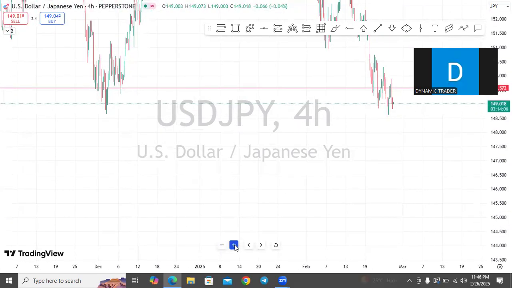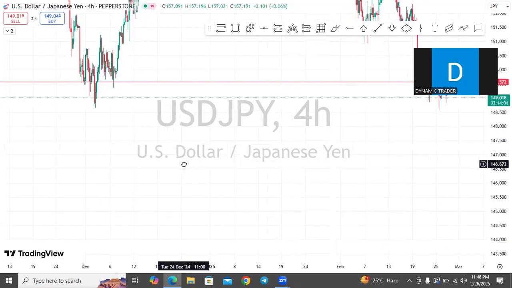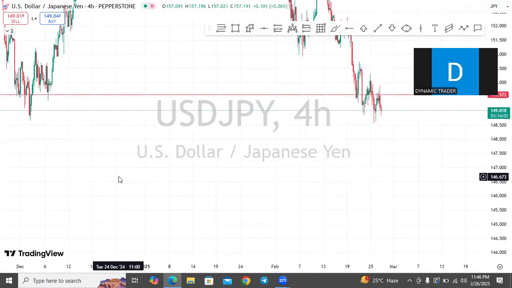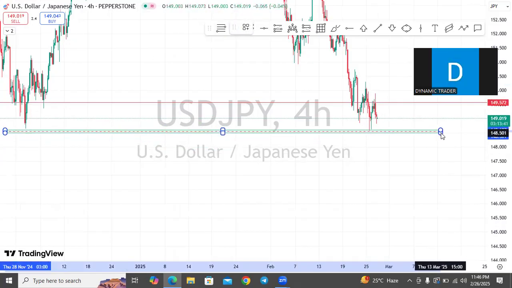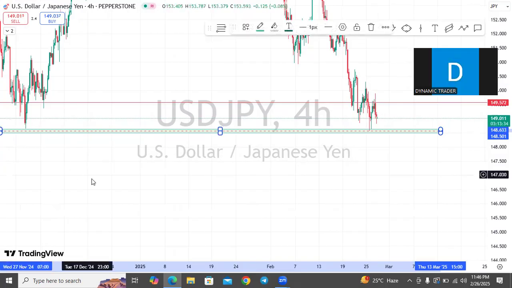We did this line using line charts just to eliminate some of the wicks. But what we're going to do right now is we still have this here to deal with, because those wicks are actually candles on a lower time frame.